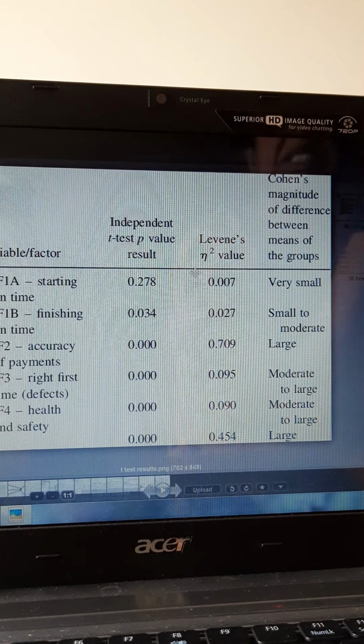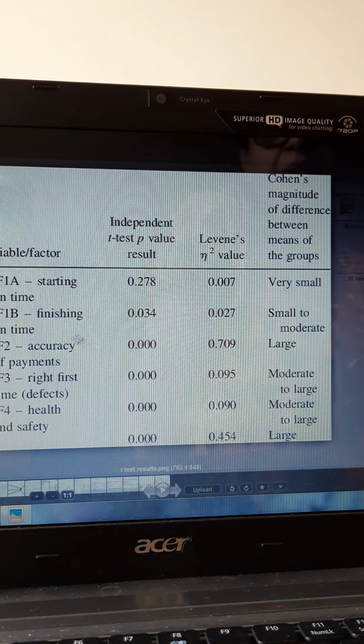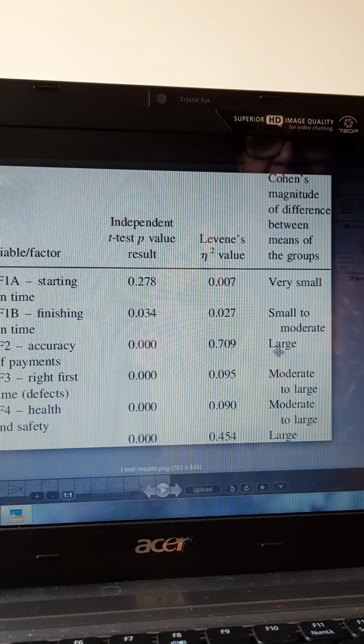Okay, so these are the outputs from SPSS. I just want you all to understand how the output will be and how you will interpret these outputs. Okay, so you please understand this is your p-value output. Everything that is 0.0 means the reading is good. Okay, magnitude of difference between mean and the group is moderate to large.